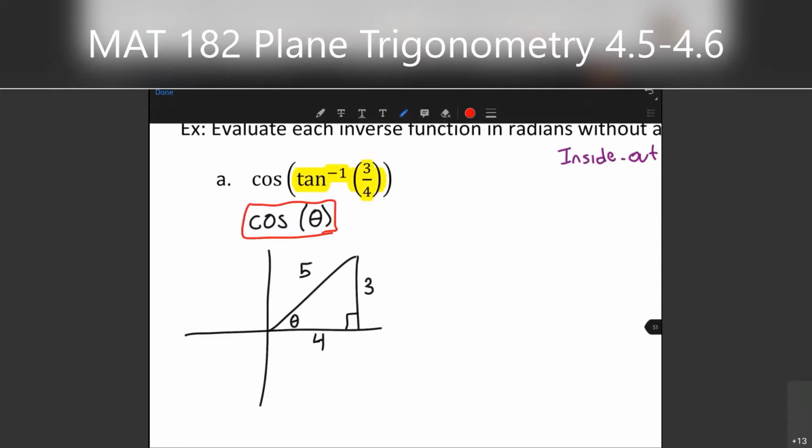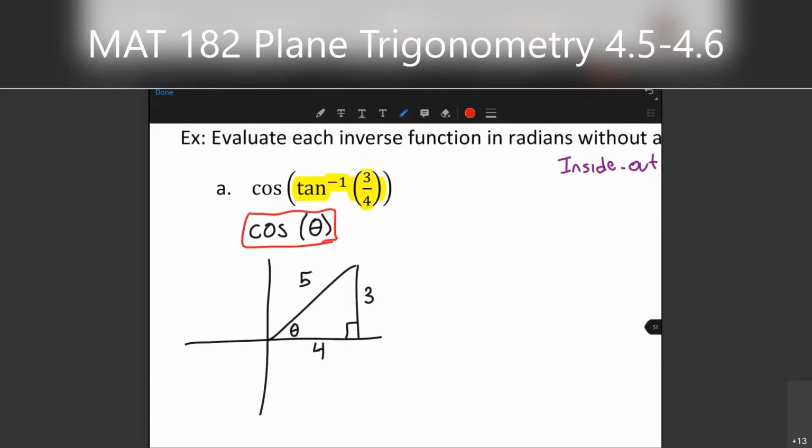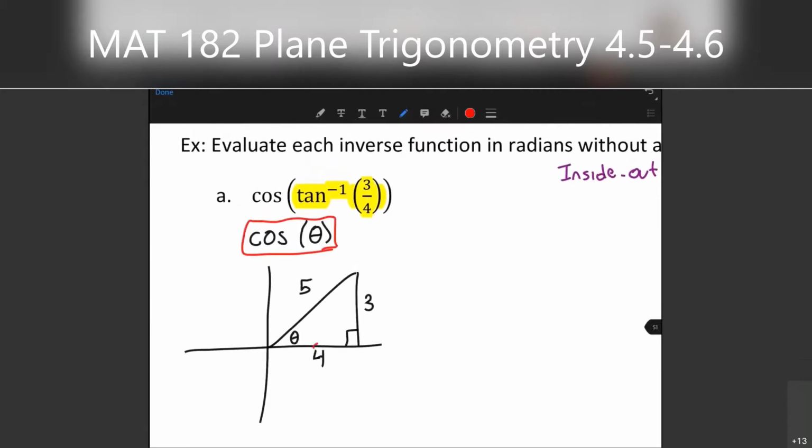Yeah, so we don't need to know the theta angle. I just know its relationship between its sides. And in this case, in relation to its sides, adjacent and hypotenuse would be in play. So that would be just 4/5. That's exactly right. 4/5. And that would be our final solution there.